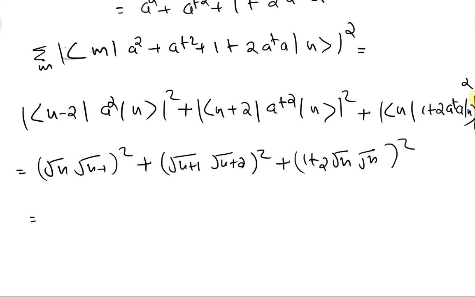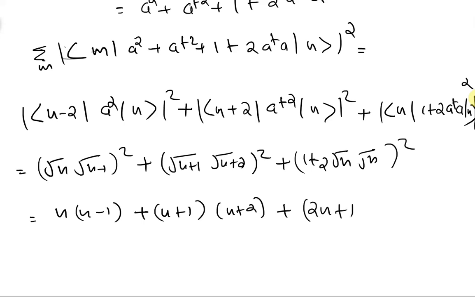Okay. So this will give you something like n into n minus 1 plus n plus 1 into n plus 2 plus 2n plus 1 square. 2n plus 1 square is equal to 4n² plus 4n plus 1.